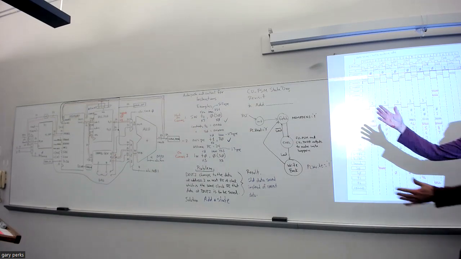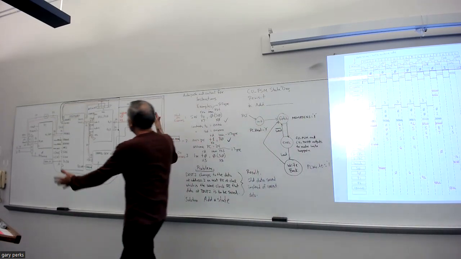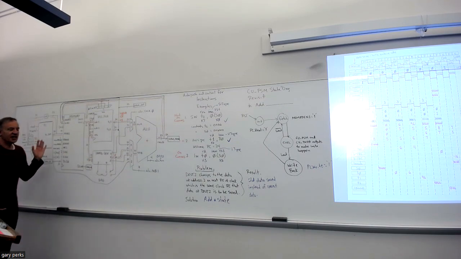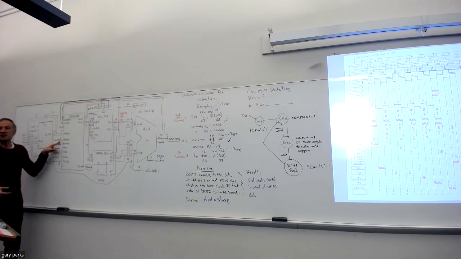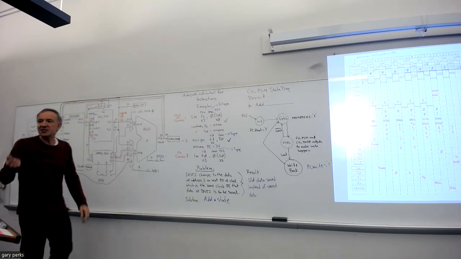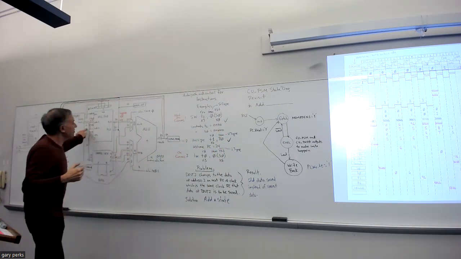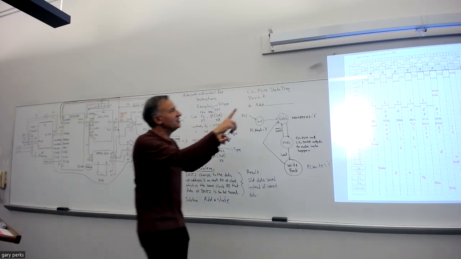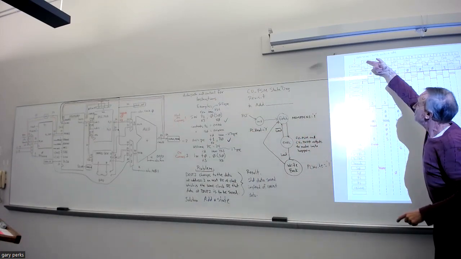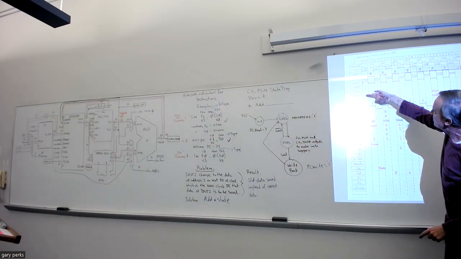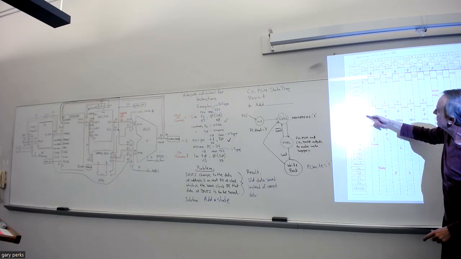When we went through the data path and control signal diagram, what do we always make read enable 1 equal to? A 1, right? Because we need that enable in order for the instruction to then appear at DL1. Look, in our timing diagram, this column is the fetch state for address 0.